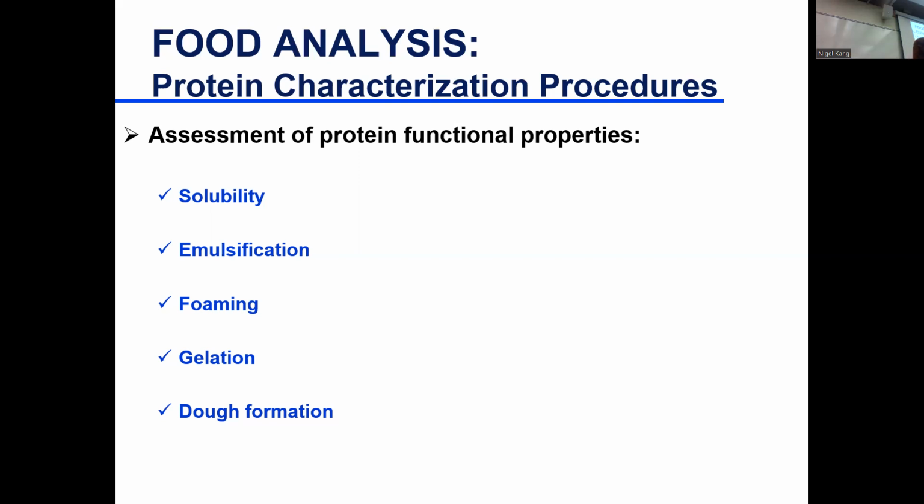With gelation, you need to create a stable three-dimensional network between water and protein. You can create gels using heat, or cold set gels where you need to use other reagents like glucono delta-lactone to help you create the gel by changing the pH.